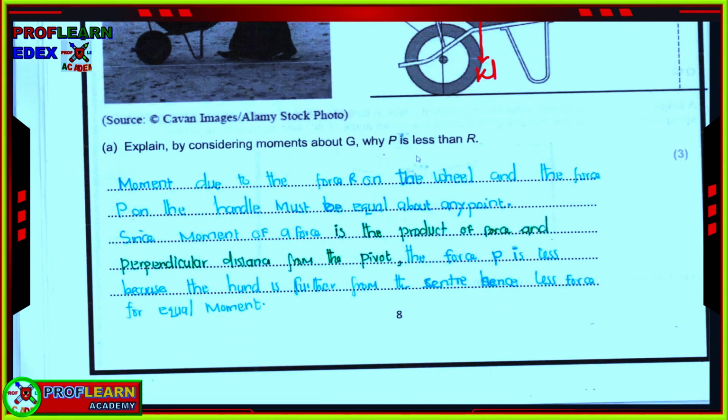When you are supposed to respond to that, this is exactly what you are to mention: the moment due to the force R on the wheelbarrow and the force P on the handle must be equal about any given point. Since the moment of a force is a product of force and perpendicular distance from the pivot, the force P is less because the handle is further away from the center, hence less force is required for equal moment of force.